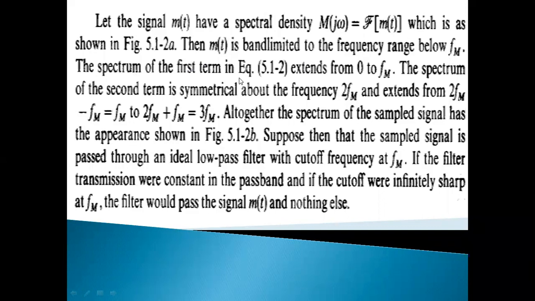The spectrum of the first term extends from 0 to FM. The spectrum of the second term is symmetrical about 2FM, and extends from 2FM minus FM, which is FM, to 2FM plus FM, that is 3FM.